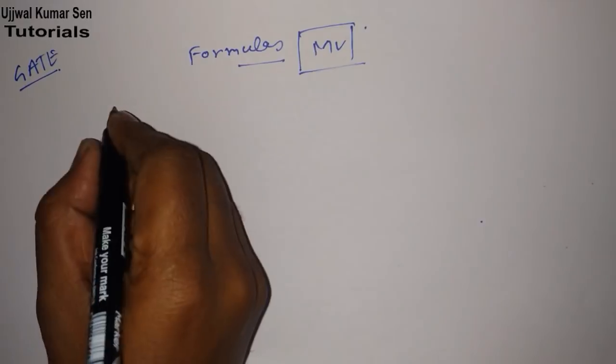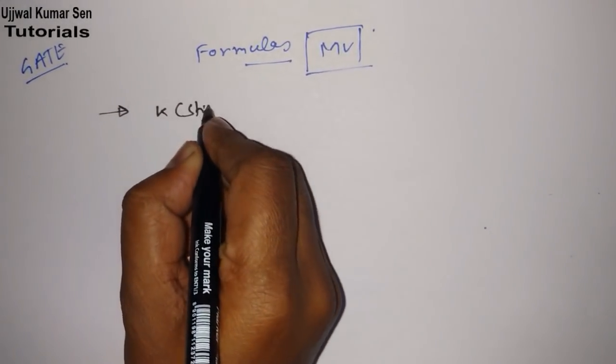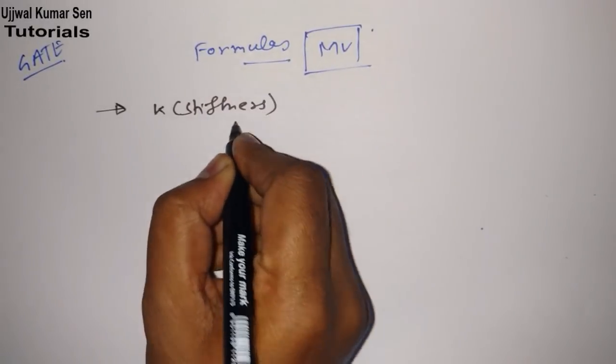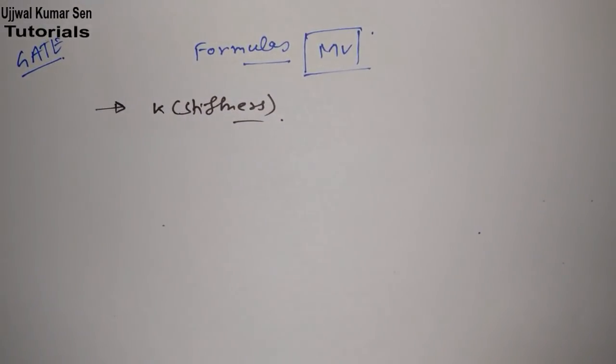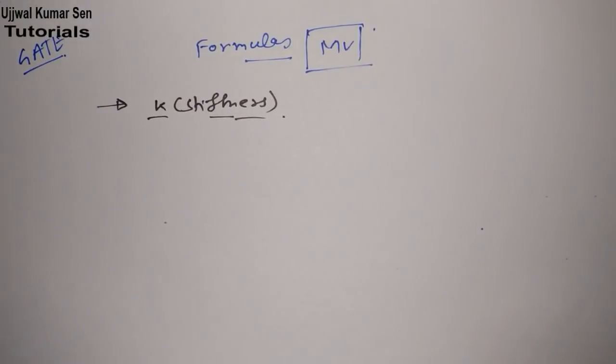First of all, you need to know stiffness, that is denoted by K. Many books follow different notation and different ways to denote this K, but I am sharing with you that K is stiffness.